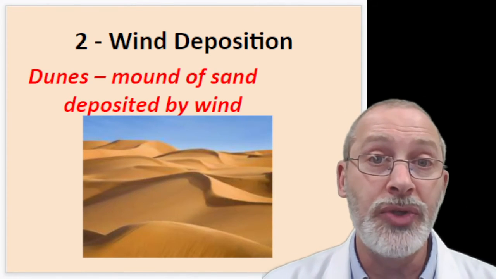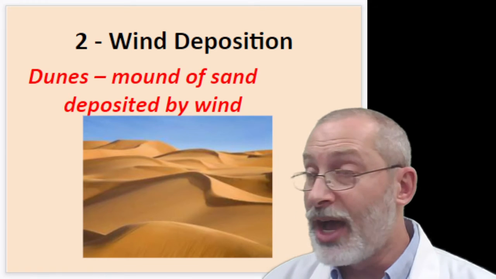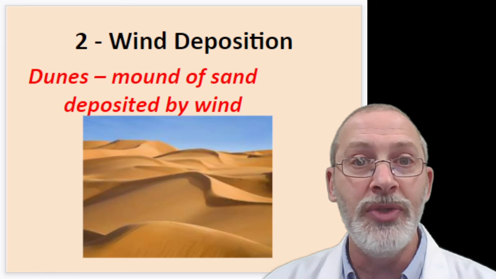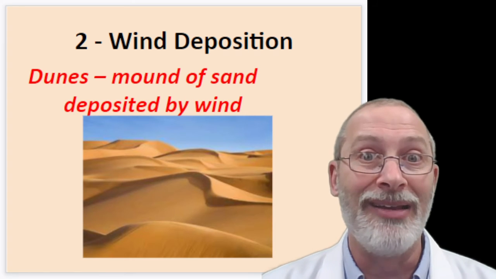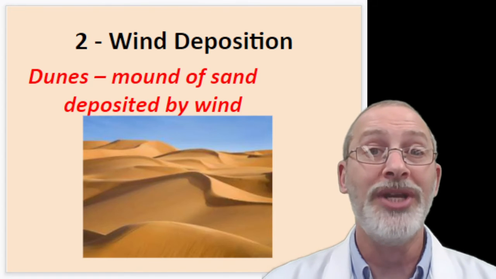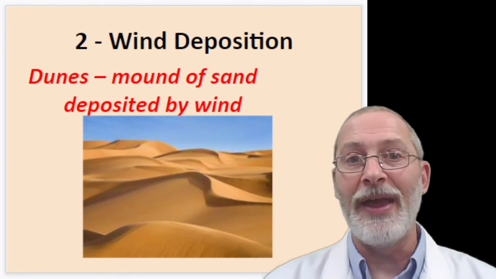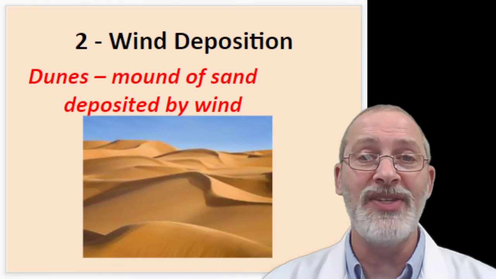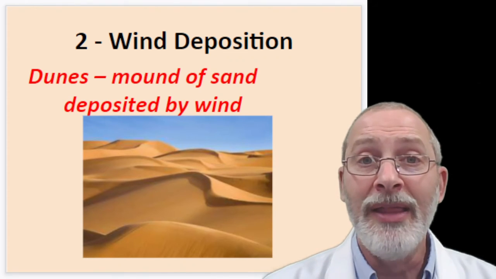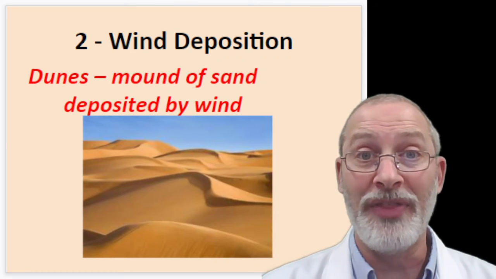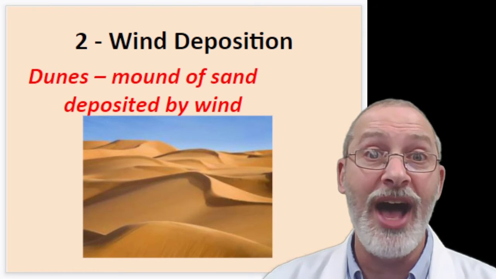Here on the east coast of the U.S., we've got a few notable locations with really big sand dunes. North Carolina and the Outer Banks comes to mind. There are huge sand dunes there that are piles of sand deposited by the wind so tall that people actually jump off of them with hang gliders and fly.